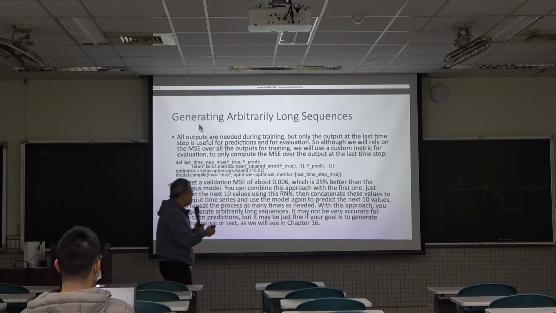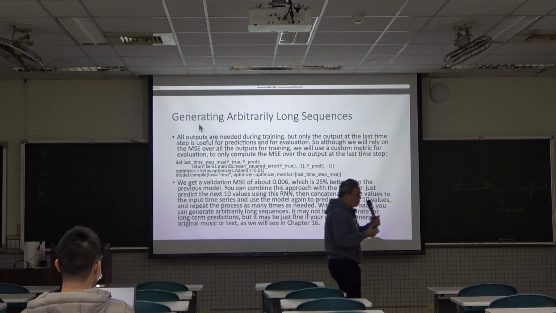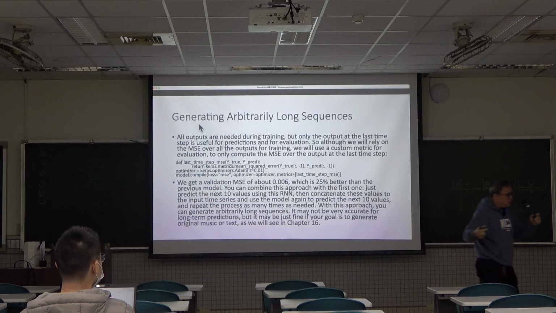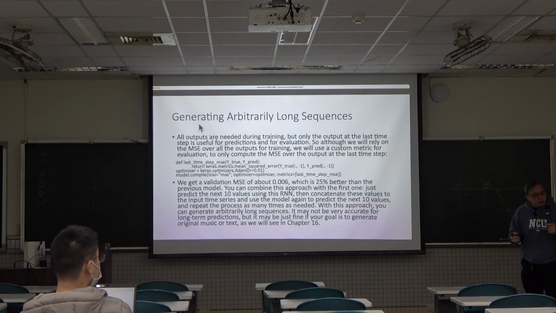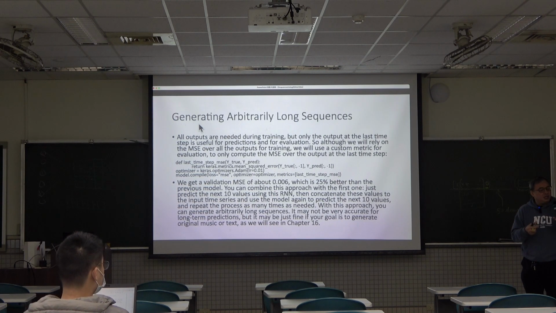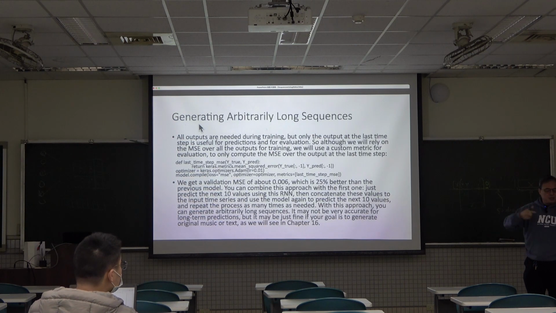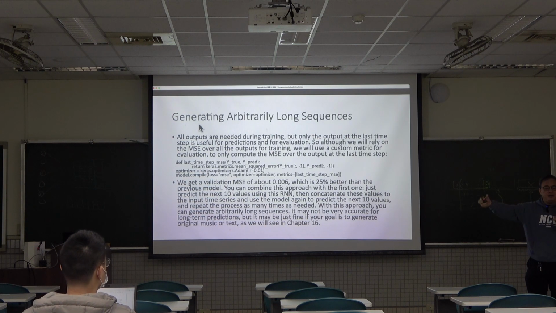For example, if you use the first 50 to predict the next 10, that's reasonable, right? That's reasonable, because you should have enough information to predict the next 10.